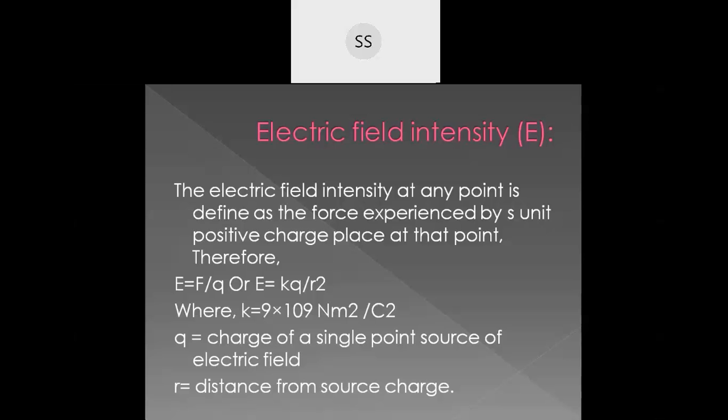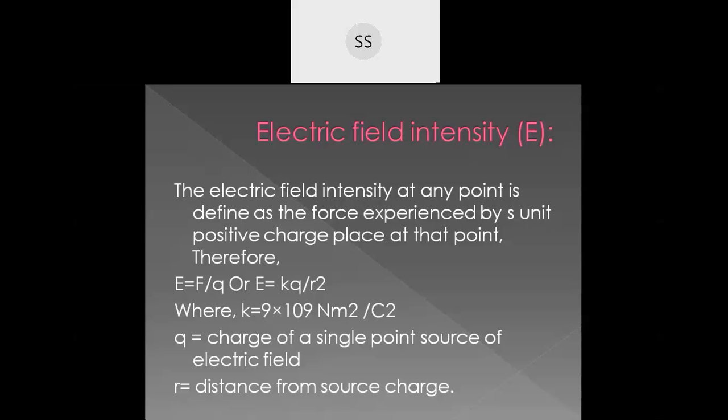See, in this topic, one charge is taken as the source charge and one charge is taken as the test charge. The source charge can be a positive charge or a negative charge, but the test charge is always a positive charge.